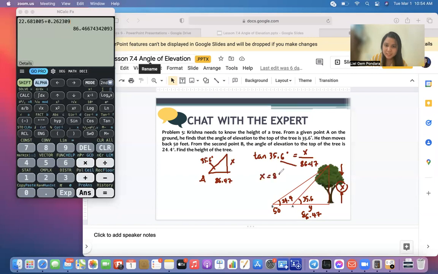X equals 86.47 tangent 35.6. So using our calculator, the answer is approximately 61.91. This is the height of the tree.